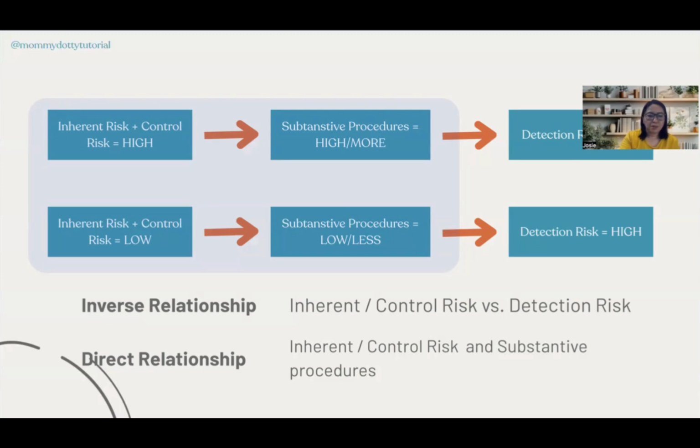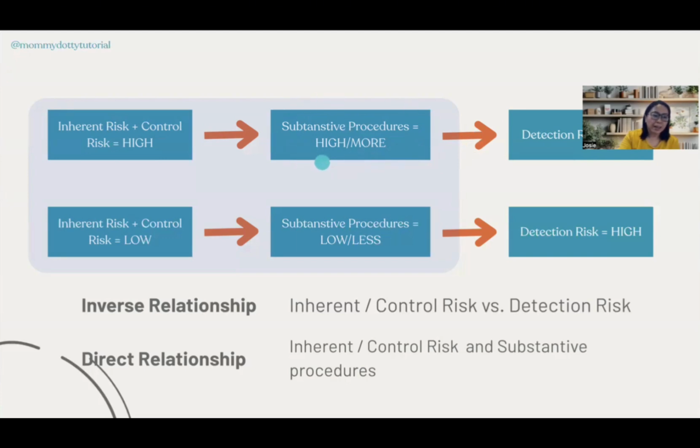If we assess inherent risk and control risk as high, so look at this rectangle. Inherent risk and control risk, the assessment of the auditor is high. This is what I'm telling you. You need to do more substantive procedures, more.